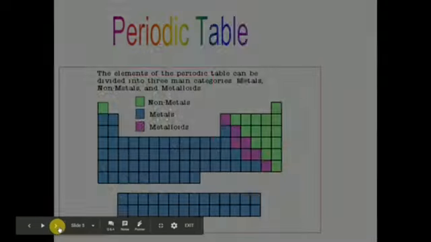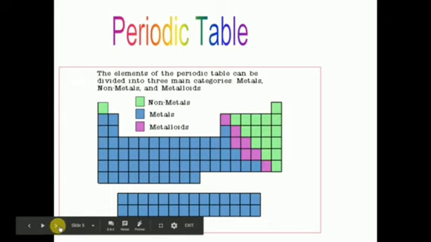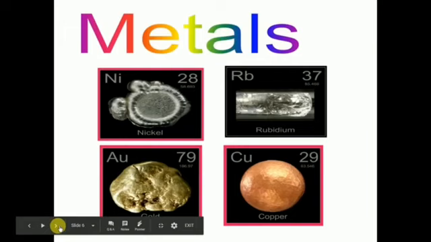Right? The periodic table has the elements divided into three main categories: metals, nonmetals, and metalloids. You may clearly see here the three differentiations of metals, nonmetals, and metalloids.